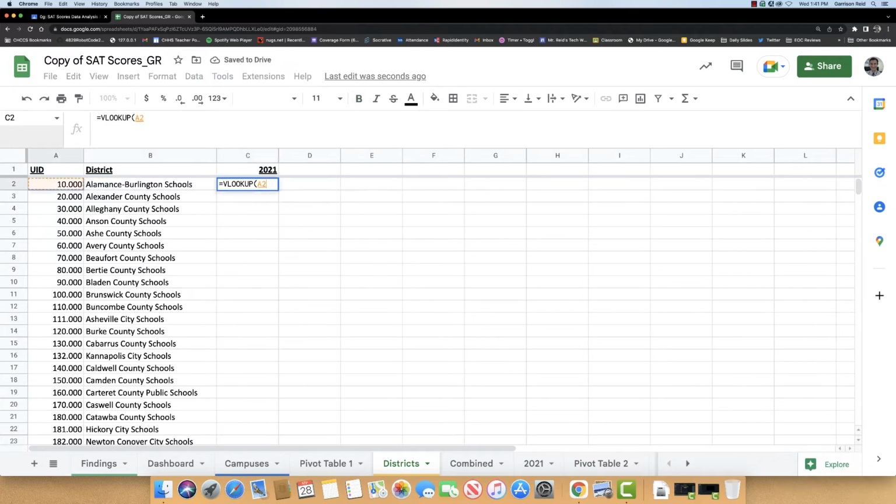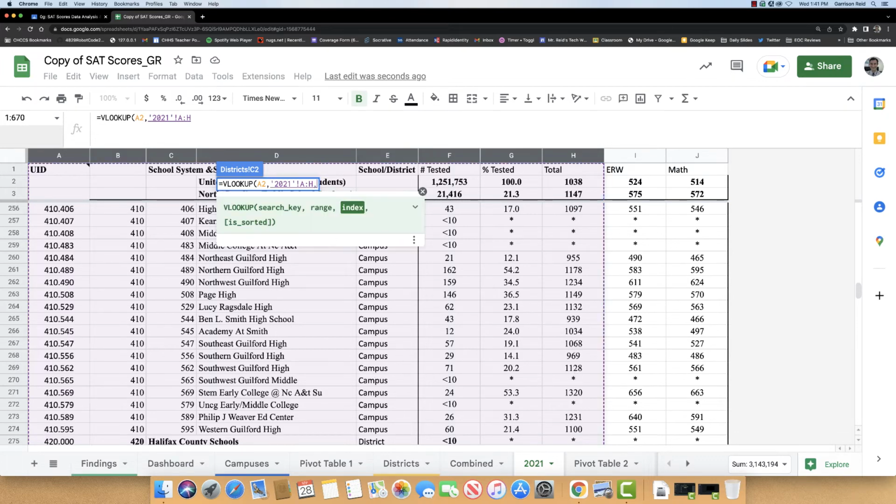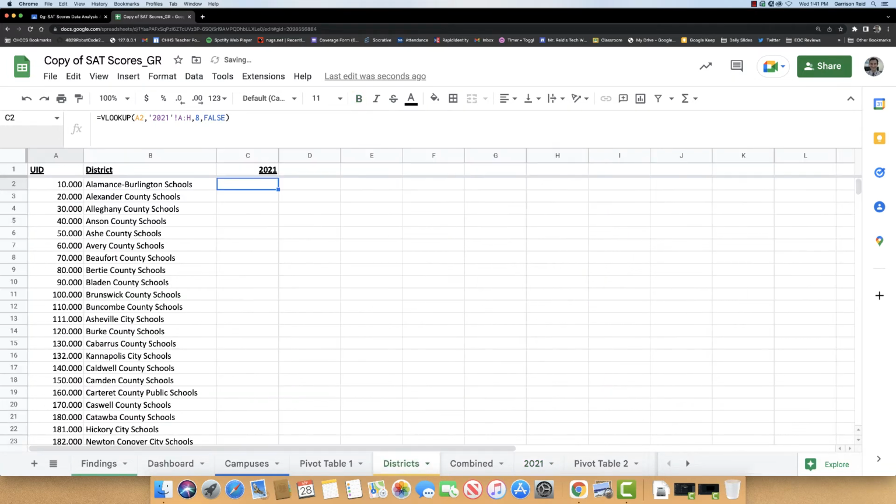VLOOKUP with this value in 2021, where is my UID? And then the question is, what was their test score? 1, 2, 3, 4, 5, 6, 7, 8. Column 8, and is sorted false. Great.